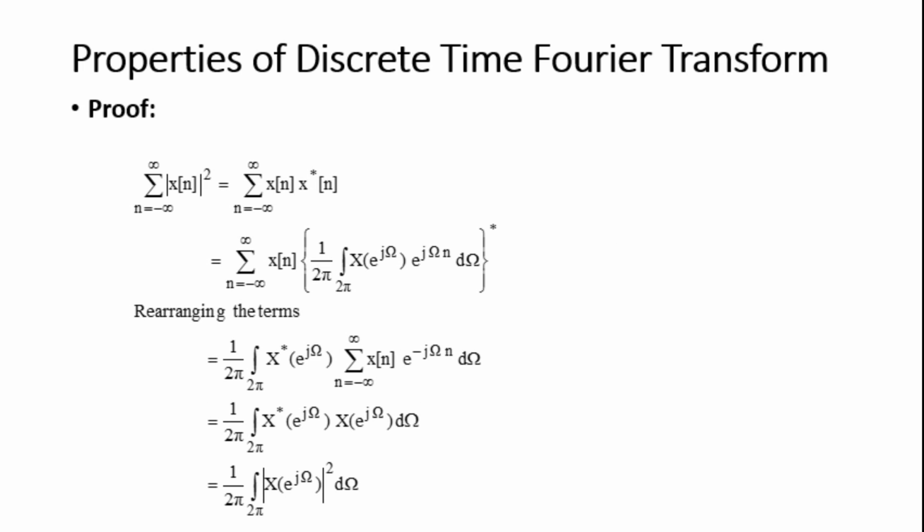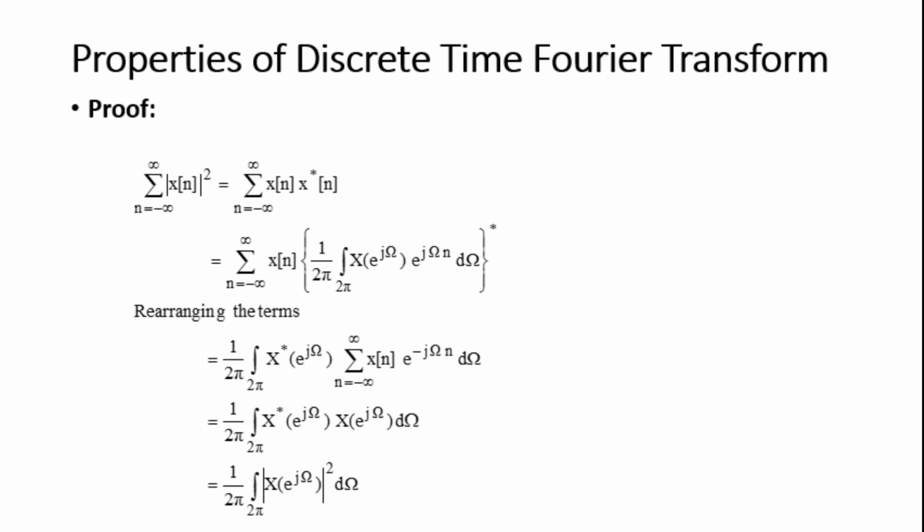Let us prove this. Summation n equal to minus infinity to infinity mod of x of n square is equal to summation n equal to minus infinity to infinity x of n into x star of n, which is equal to summation n equal to minus infinity to infinity x of n into 1 divided by 2 pi integration over 2 pi x of e power j omega into e power j omega n d omega, whole star.